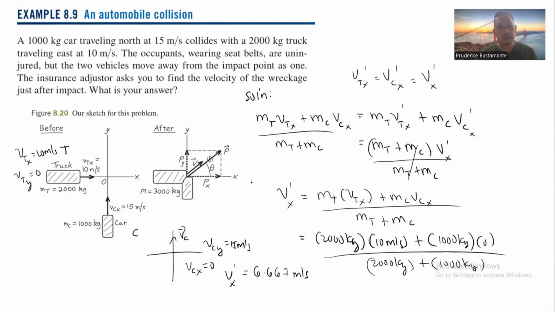So what we get here is the Vx prime. If this is your V, we already have its x component. If you want to find the Vy prime, you need to calculate again.